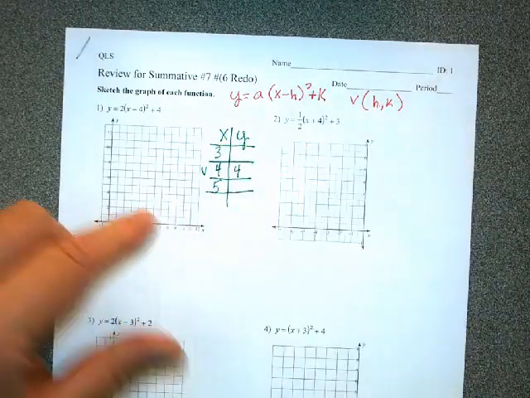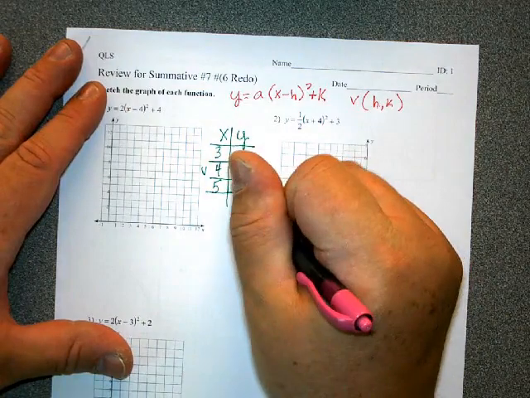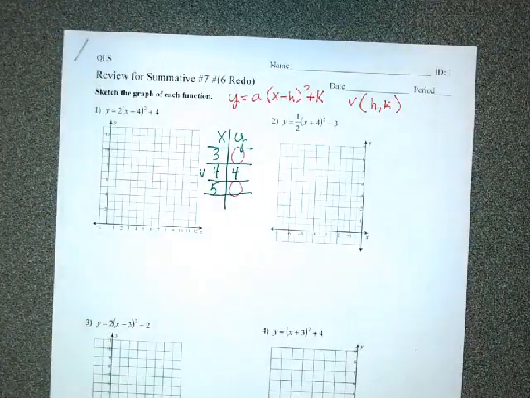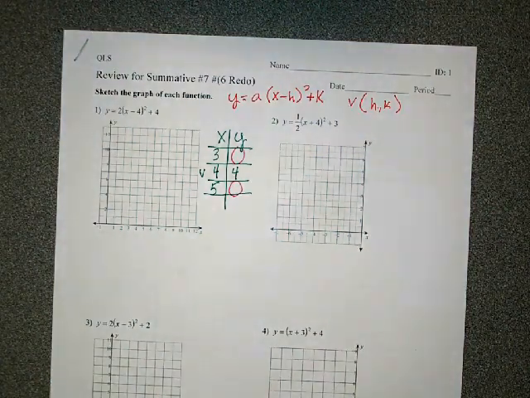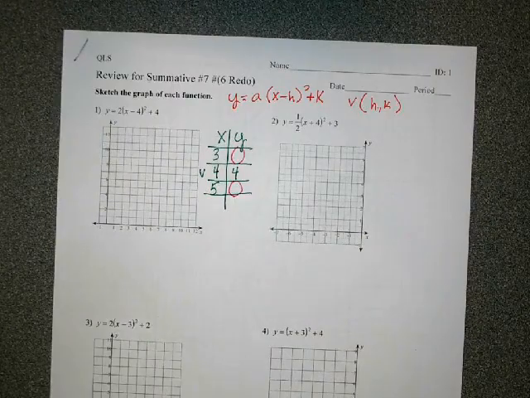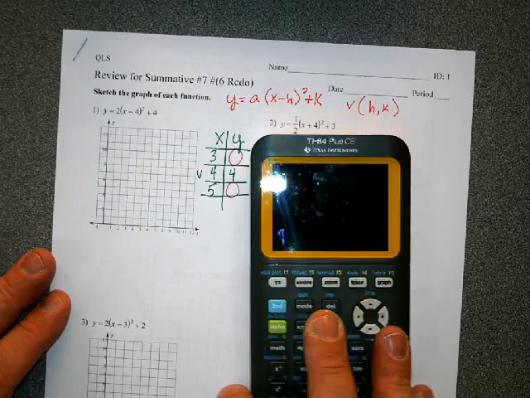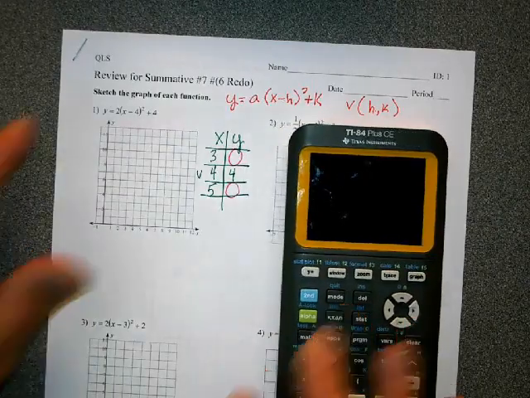Now, I think I made you guys do this manually. Maybe not. I know I did in my Algebra 2 classes. We're going to do it the easy way. Okay? I'm going to go ahead and plug that into my y equals button again.